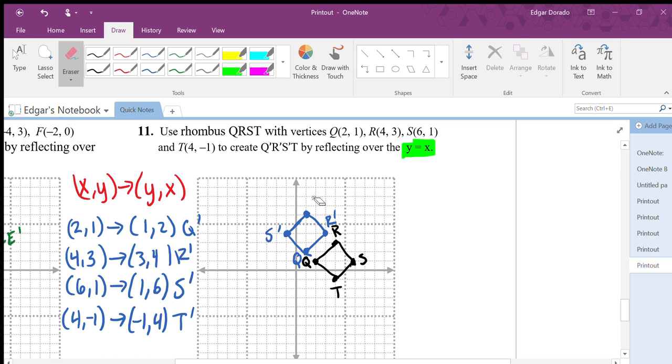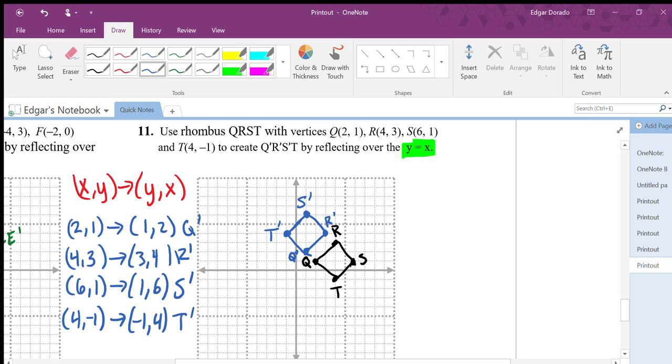I was wondering why this didn't look right. Why don't I actually just use the coordinates? How about that? Q was (1, 2), so Q prime is right here. And then R prime is (3, 4), so that one was correct. This is the one that I think I messed up. This is T prime. And this is S prime. I just switched those two on accident.